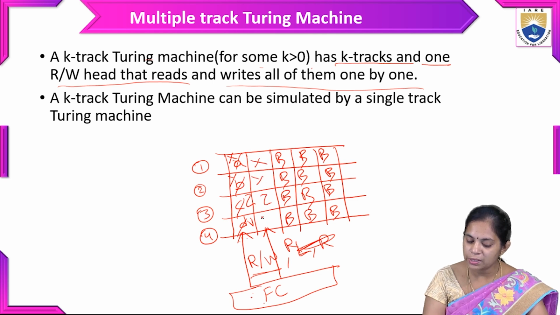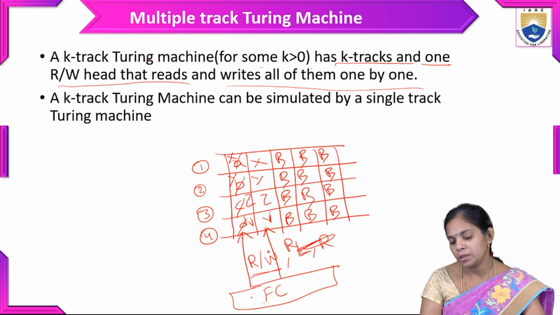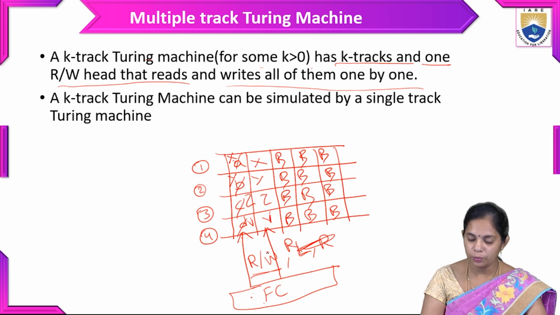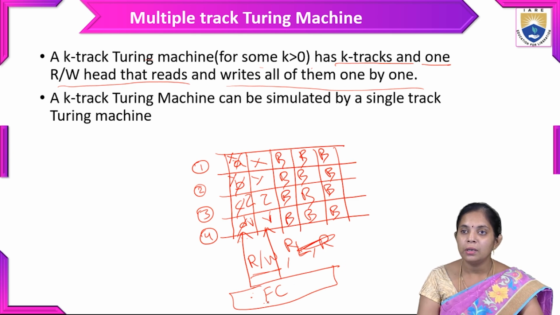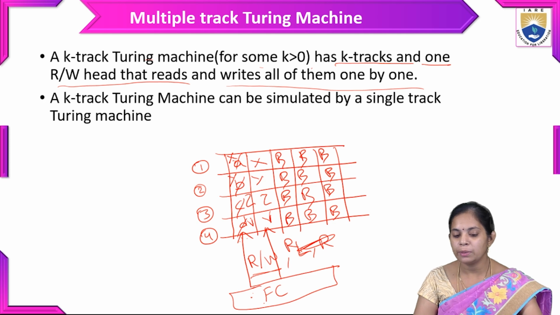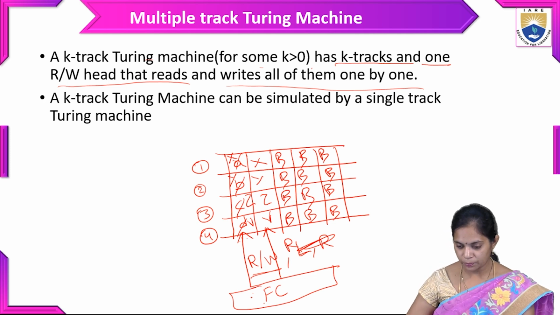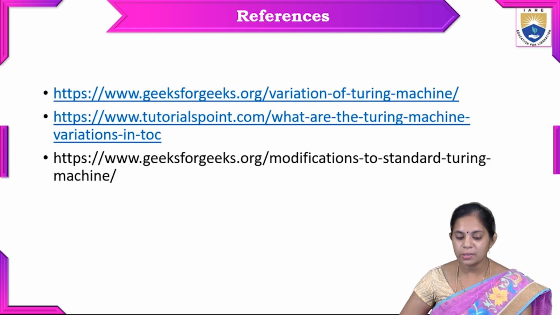Like this we have to move left or right with the single head for the multiple tracks. So this is about the multiple-track Turing machine, and these are the references.